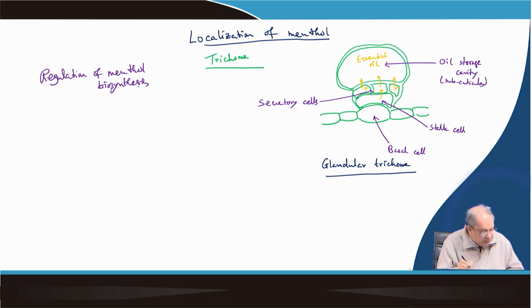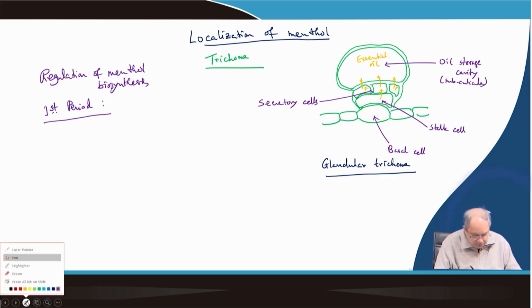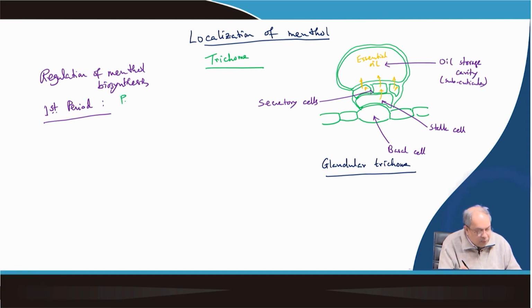Regulation of menthol biosynthesis. Basically it can be divided into two distinct periods. The first period basically peaks at about 12 days after leaf initiation.